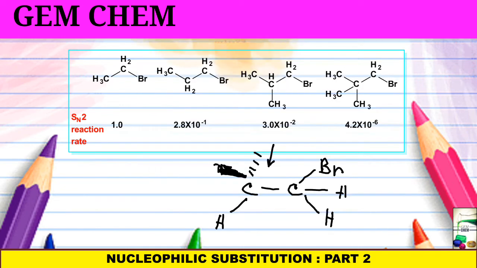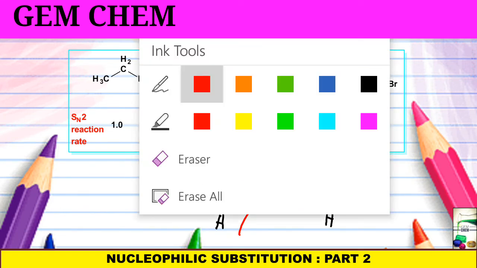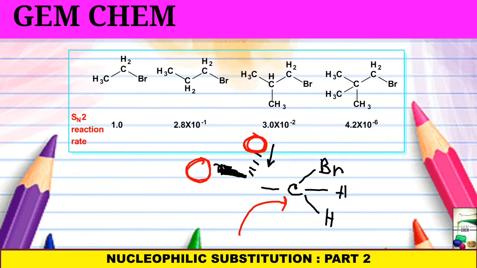So attack can take place easily. There is little chance of attack, but still it will face steric hindrance from these two CH3. But when another CH3 is present here, then the nucleophile attack from the backside becomes relatively difficult due to steric reasons. As a result, we can see that the rate is decreasing from left to right.